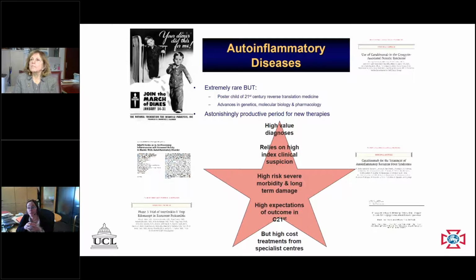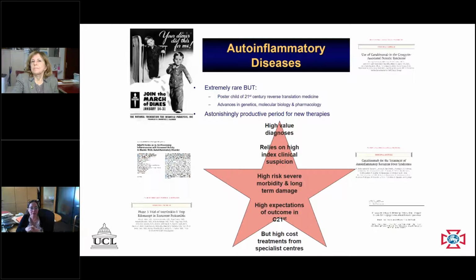Currently, treatment is largely focused around agents which block IL-1. These have been incredibly useful and have, for many of us, defined patient cohorts and the ability to treat, and have transformed these diseases into extremely high-value diagnoses, which rely on a high index of clinical suspicion.